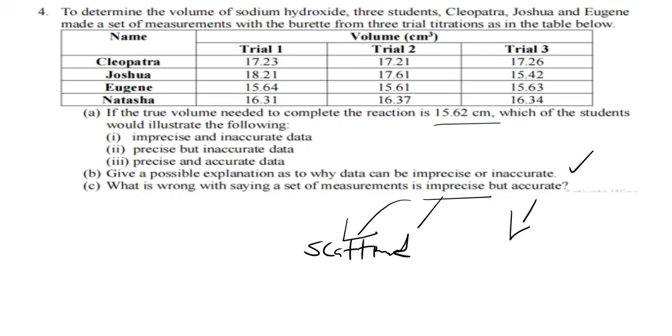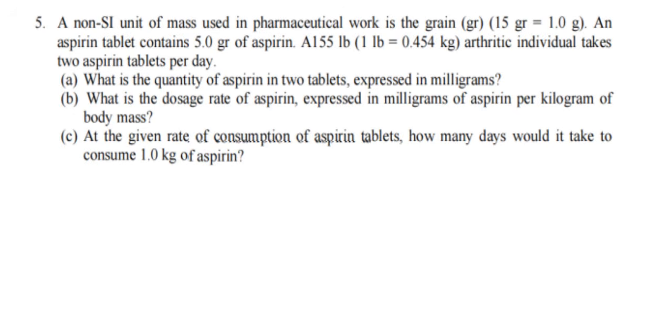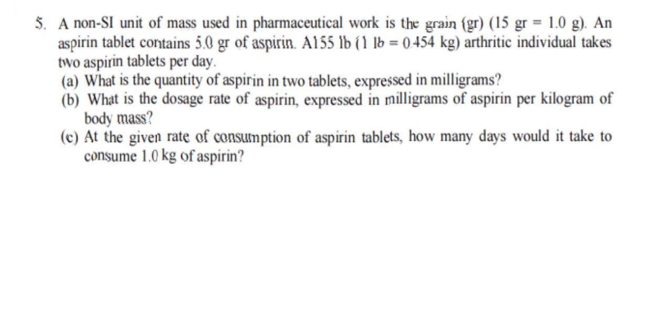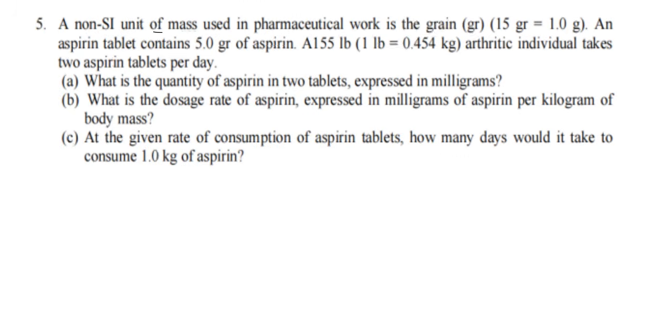That is very important. Then we come to question number 5, where a non-SI unit of mass used in pharmaceutical work is the grain. Mass has a lot of units, like kilograms. That's why they're saying a non-SI unit, so that is very important for us to understand.